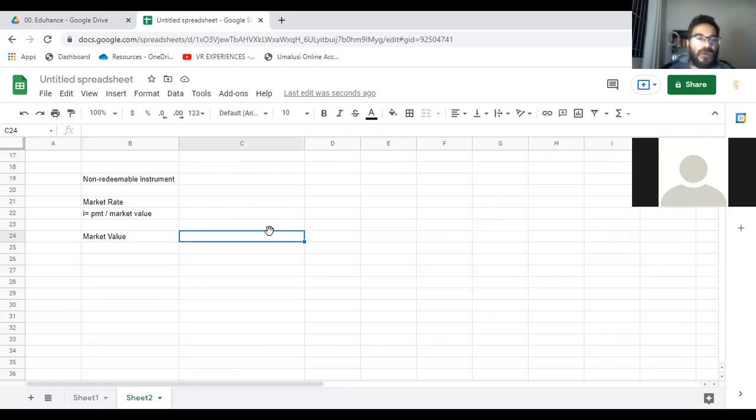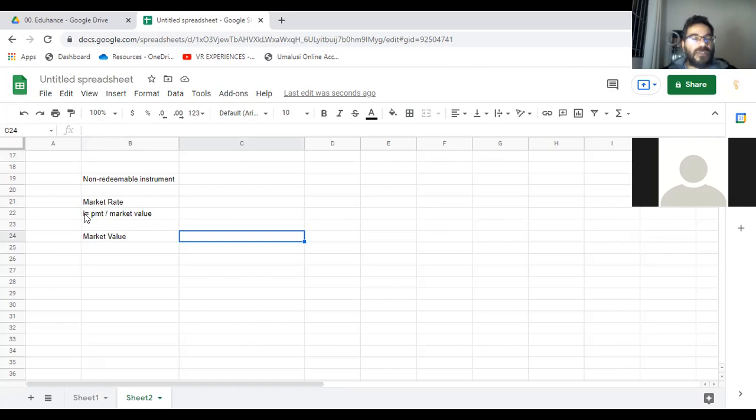The perpetuity formula to calculate market rate is I, meaning the market rate, whether it's preference shares or debt, equals PMT, payment, divided by market value. Market value is the market value of the debt instrument or the preference share instrument. Payment is either interest or dividends.